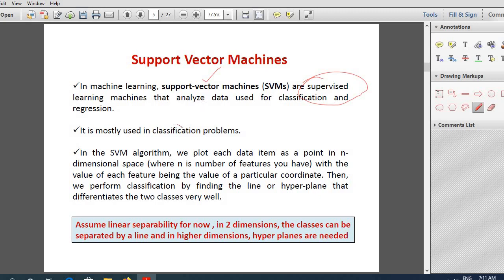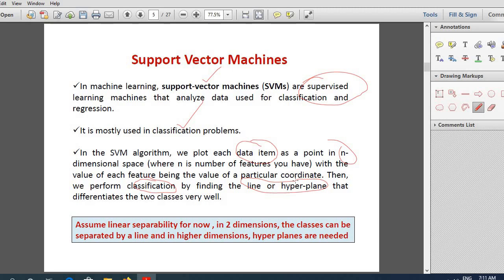Okay, look here. Now what we do in support vector machines is that we plot each data item in an n-dimensional space. Then we perform support vector classification by finding the line or hyperplane that differentiates two classes. We are talking about two-class classification, that is, classifying data into two classes.